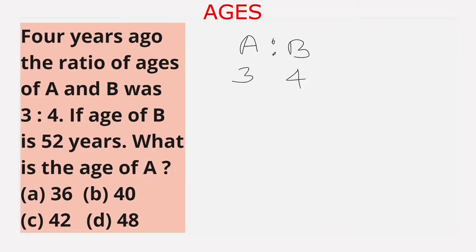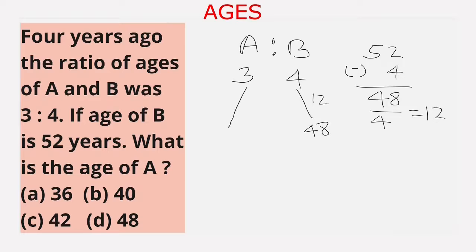The present age of B is 52. So for the previous age, which was 4 years ago, we get 52 minus 4 is 48. And 48 divided by 4 gives us 12. It means that 4 parts is equal to 48, so 1 part is 12.